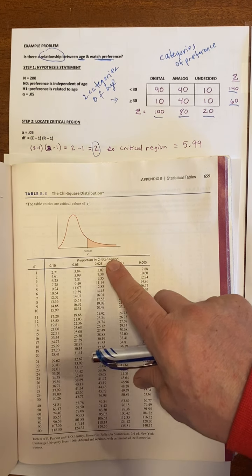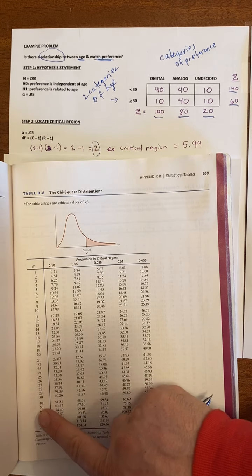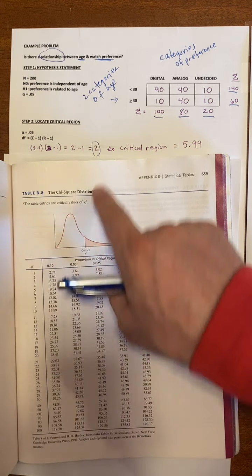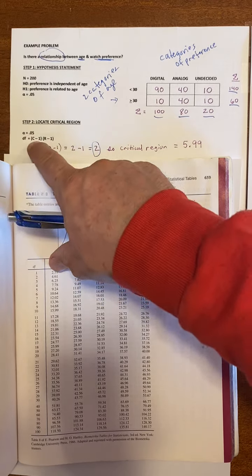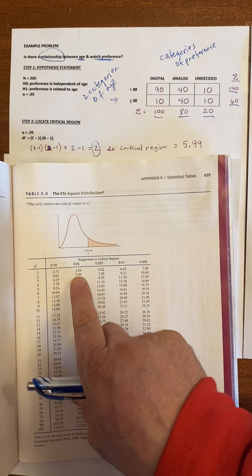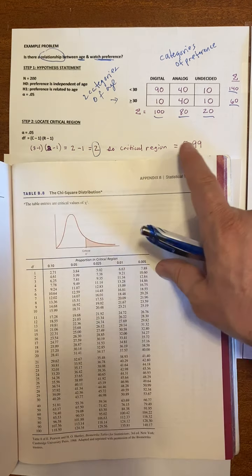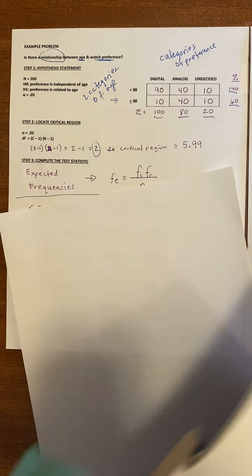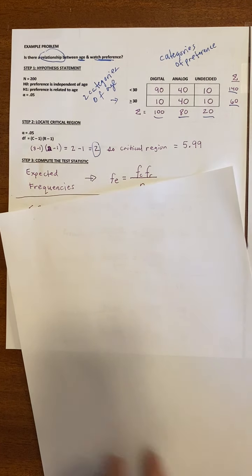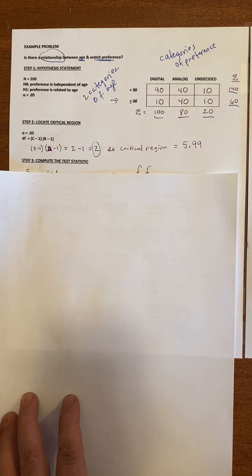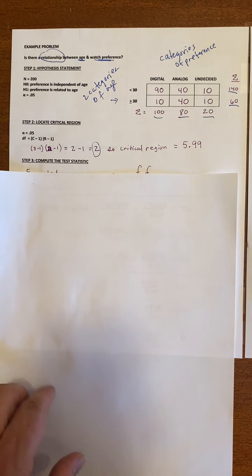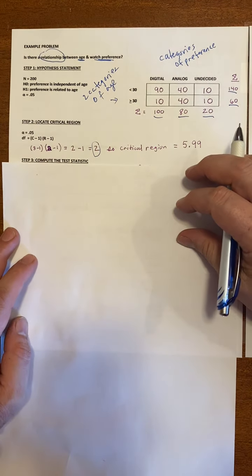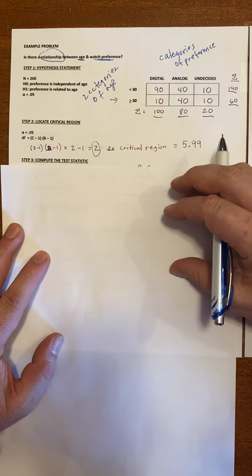The different critical regions. And then on the side to the left, you have different degrees of freedom. We said our degrees of freedom were 2 at 0.05. So that's going to give us a critical value of 5.99.